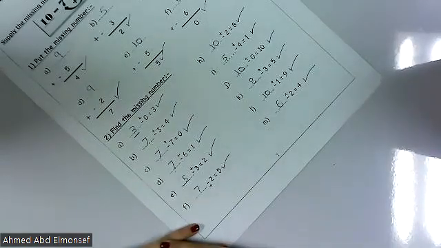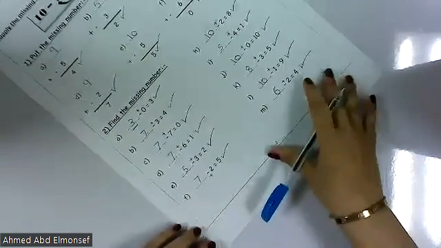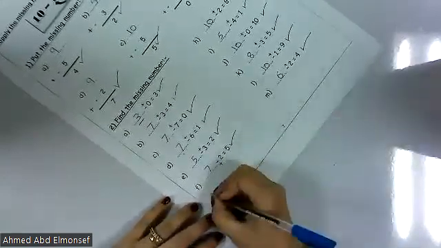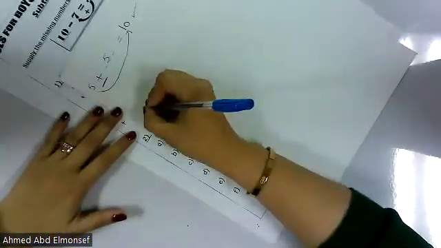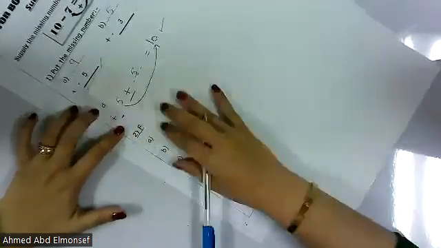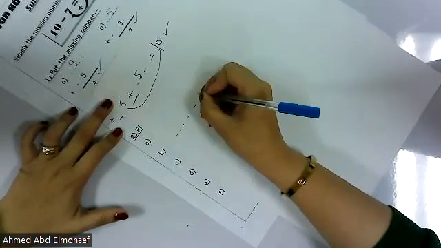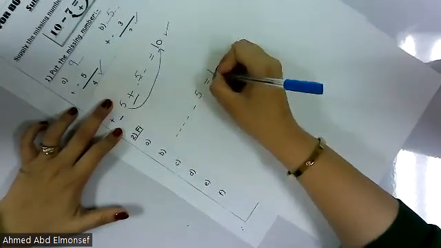Okay, junior 1. Again, subtraction, missing number. We have 2 rules. Dots minus 5 equals 4.